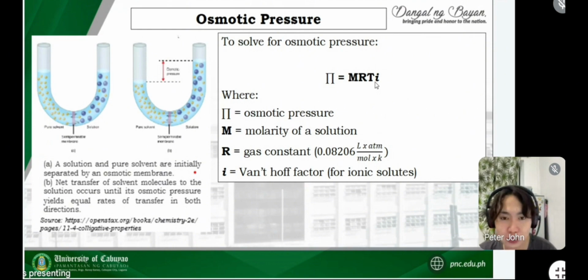Ibig sabihin, pag hindi siya naka-Kelvin, kailangan natin siya i-convert sa Kelvin kasi ang target natin is laging i-match siya sa constant. So, pag naka-Celsius, first step natin lagi, i-convert muna siya into Kelvin, because of our constant na unit. Then, we also use, again, the van't Hoff factor for ionic solute. Pag ionic solute, bibilangan lang natin kung ilang ions yung makikita natin.